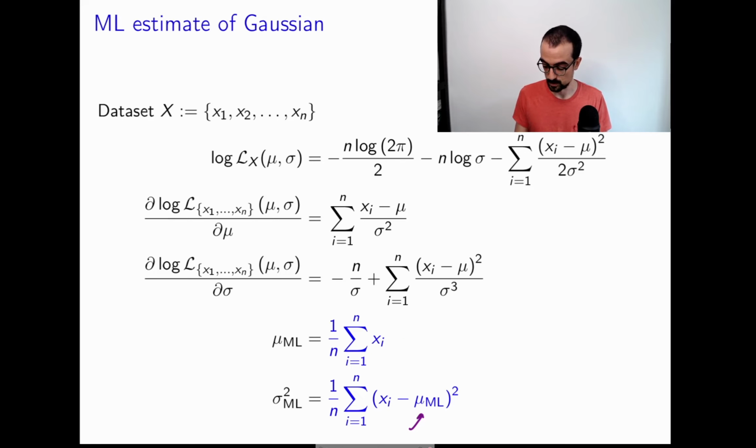It was just easier to show the square here. That is called the sample variance of the data. And we're going to talk much more about it later on. But basically, how did we obtain it? We plugged in the value of the ML estimator for mu, and then we set this thing to 0. Okay, that's how we obtained it.